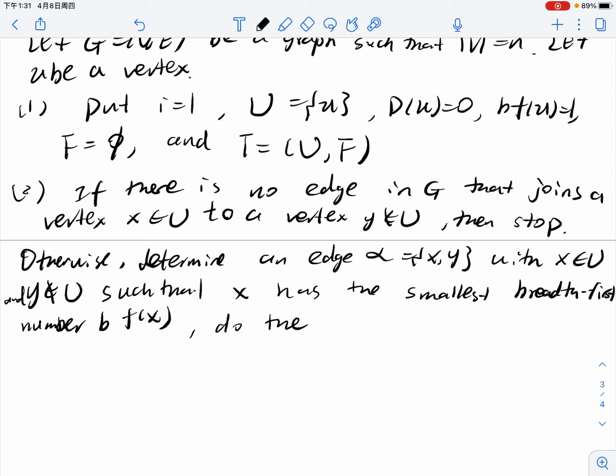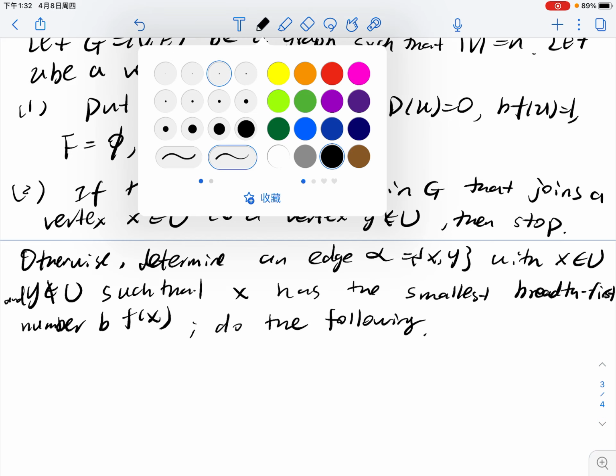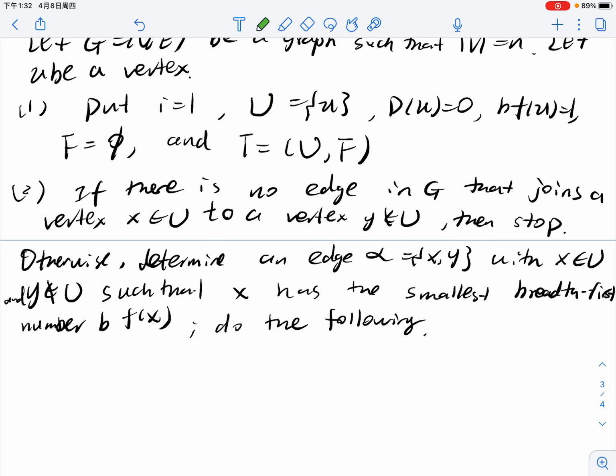Do the following. So here you have three properties. If there's an edge with one vertex in U, one vertex not in U, then you need to choose. So this is the first requirement, one in U, one not in U. And then the second requirement is that the vertex x should be the smallest in the sense of the breadth first number.